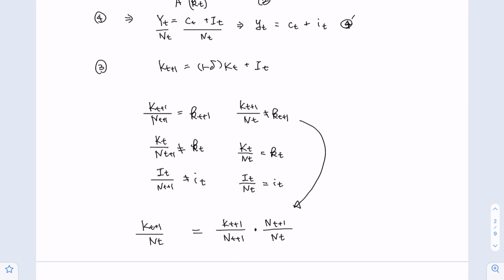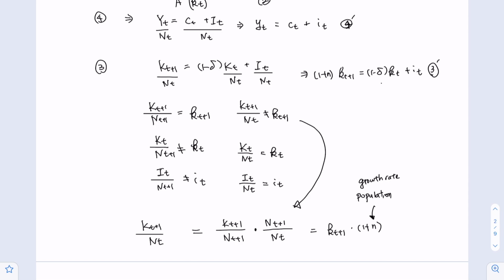Then what does N_{t+1} over N_t mean? It means 1 plus n. The n here is the population growth rate, because the ratio of the population next period over the population this period becomes 1 plus the population growth rate. So if we divide both sides of equation 3 by N_t, the left-hand side becomes 1 plus n multiplied by the capital stock per capita next period.